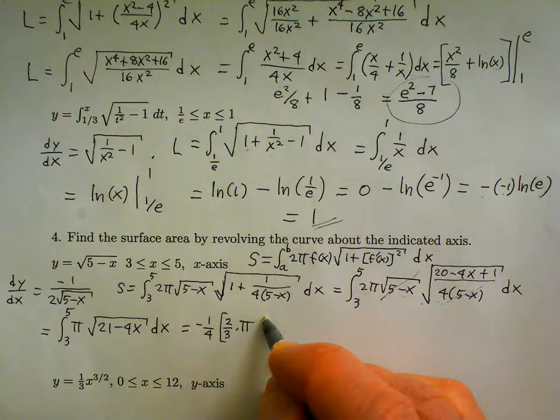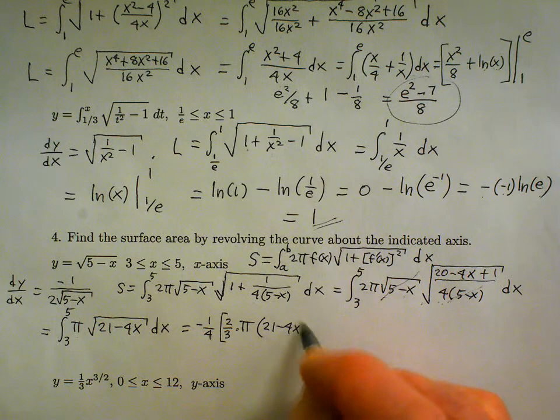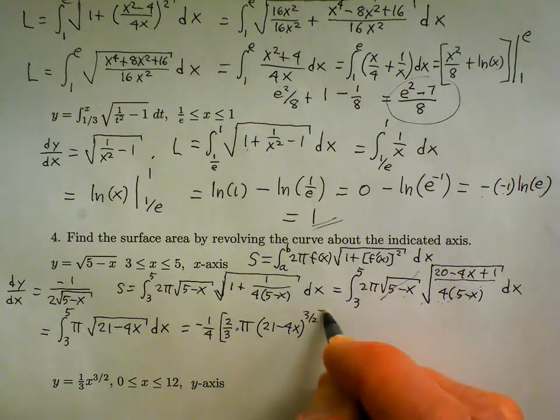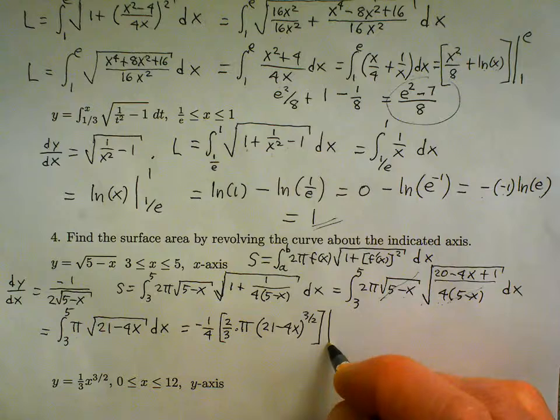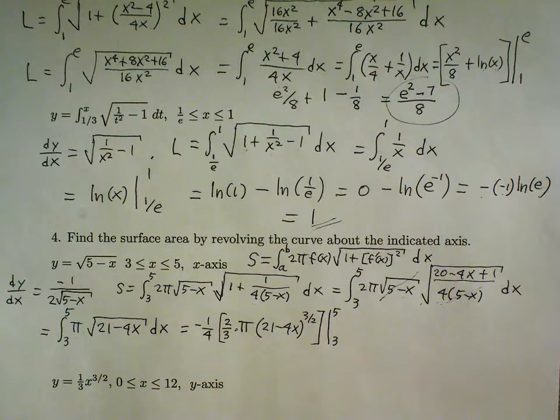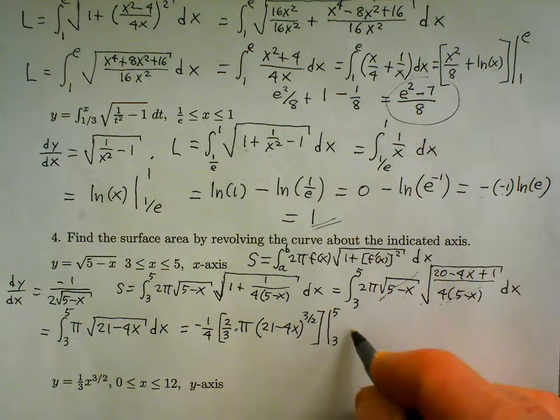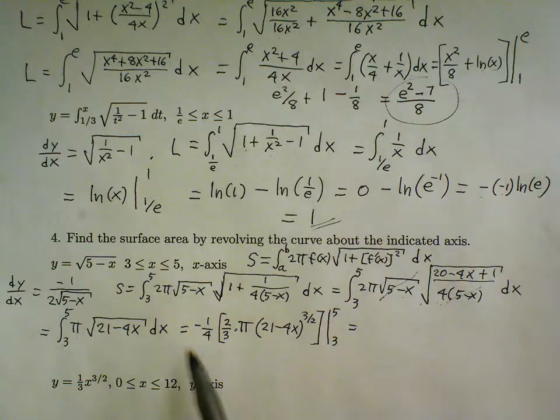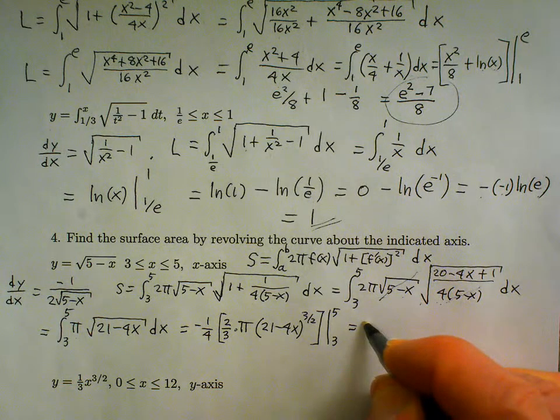We'll evaluate this between x equals 3 and 5. Negative 1/4 times 2/3 times pi is negative pi over 6.